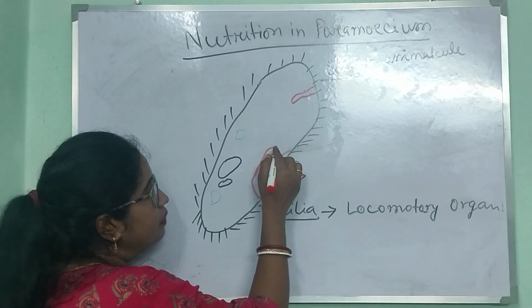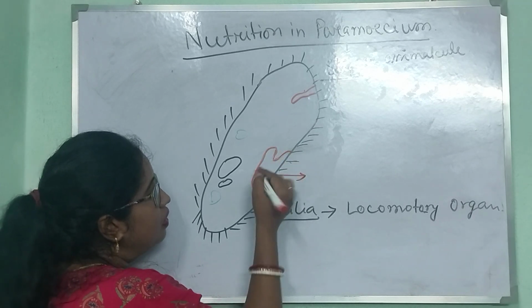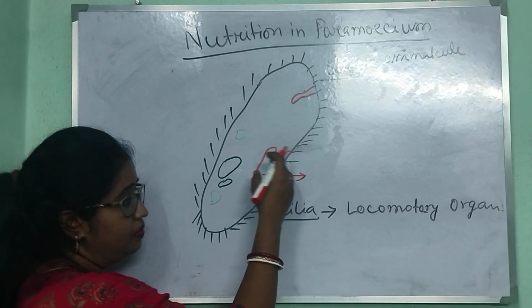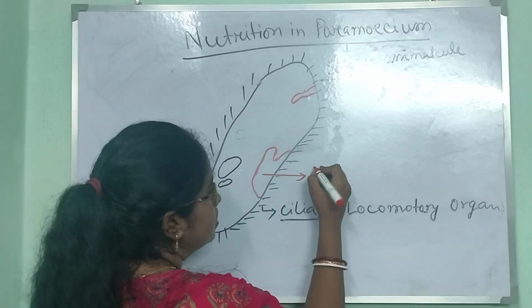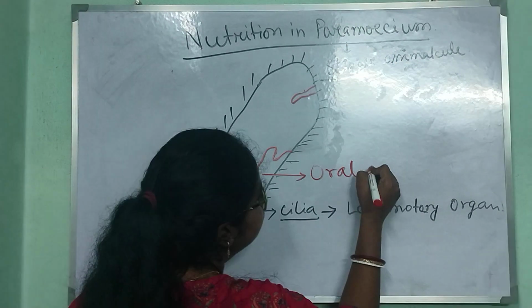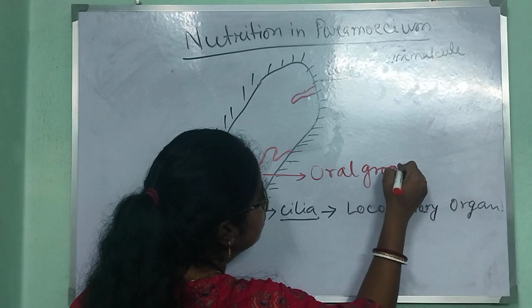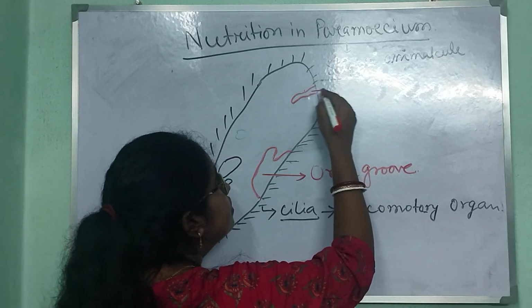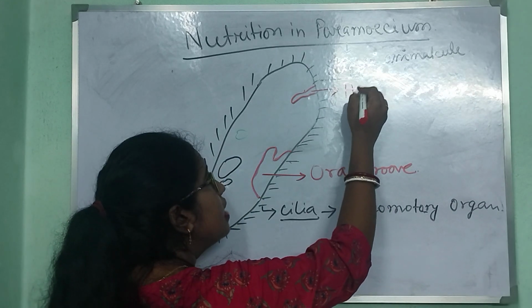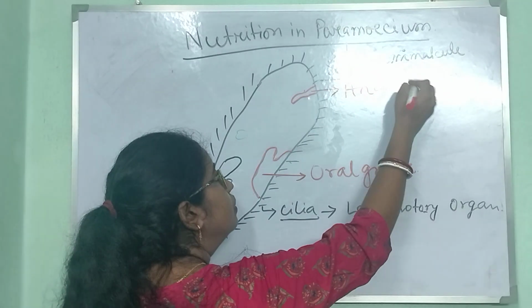This groove-like structure, or this part of its structure, is known as oral groove, and the smaller one is known as anal groove.